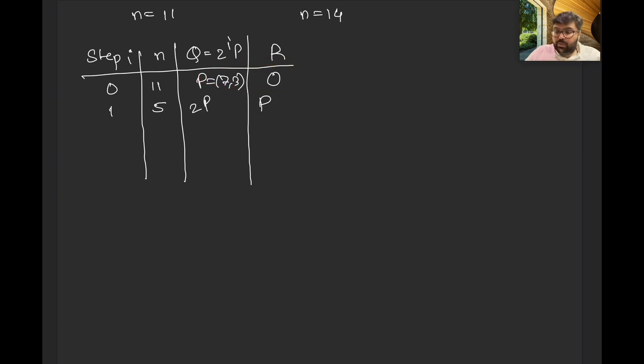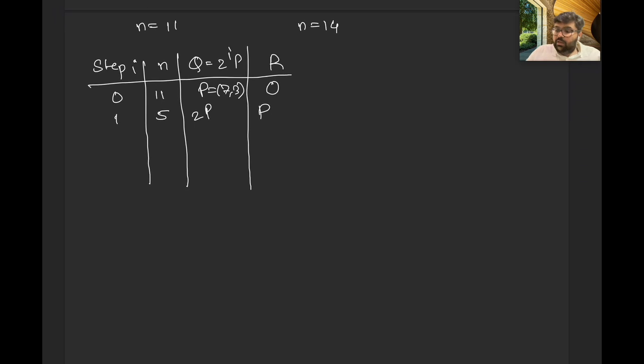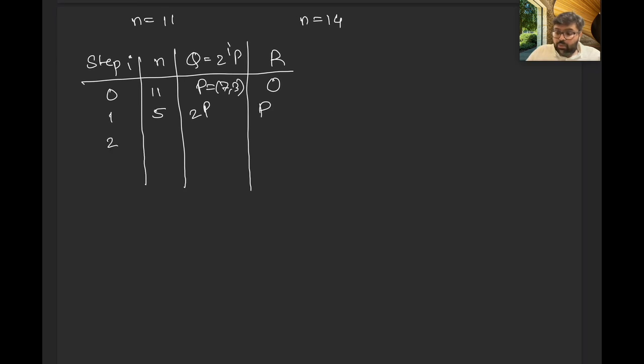Again compute 2P, whatever it is. Next step, divide by 2, so 2, remainder is 1, then this 2P should be added, so we have to add these two points, 2P and P, that calculation we have to do, so this becomes 3P. Compute, sorry, compute 4P then.